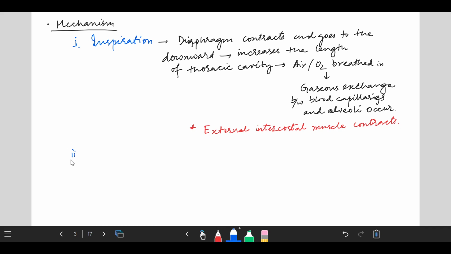And second phase is expiration. What happens in the expiration process?